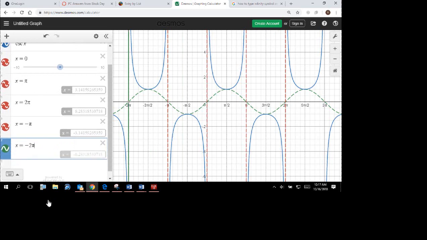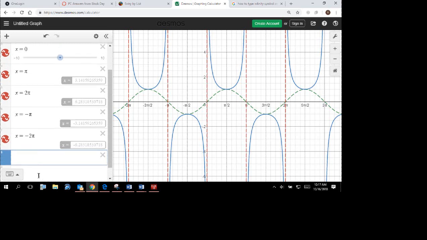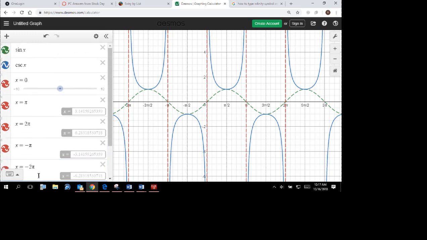Negative 2 pi. Okay, this is getting annoying because how many of these do I have to type out? So how many? Infinitely many? Oh, I'm not doing that.